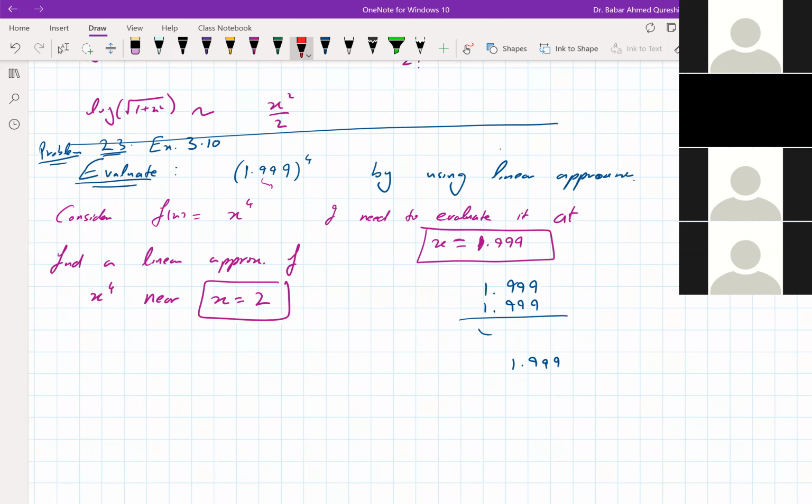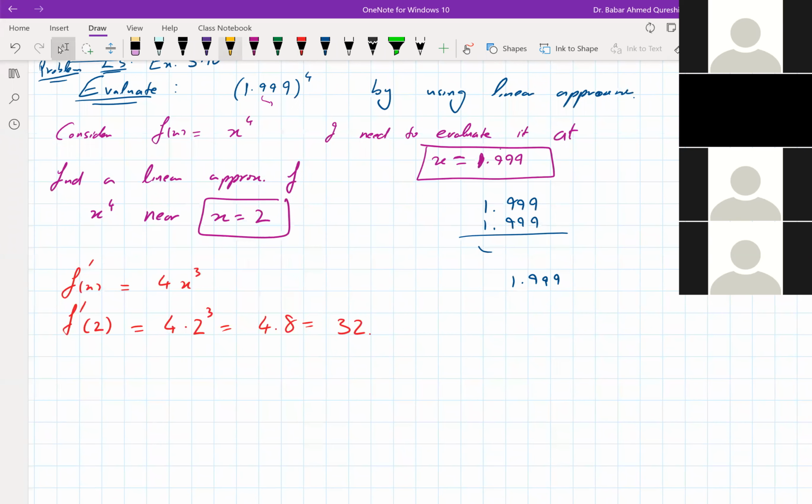So for linear approximation, I need the derivative, which is f prime of x equals 4x cubed. And as per my formula, since I'm doing it near 2, I have to evaluate this derivative at 2. 4 times 2 to the 3, which is 8, gives 32.